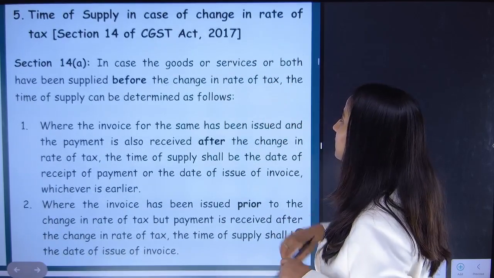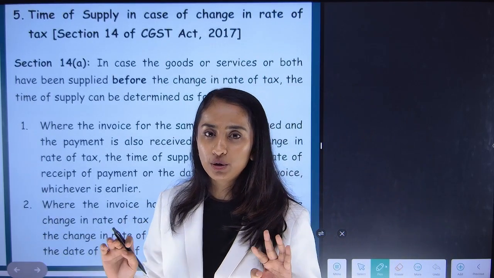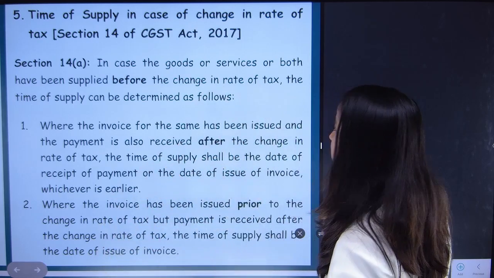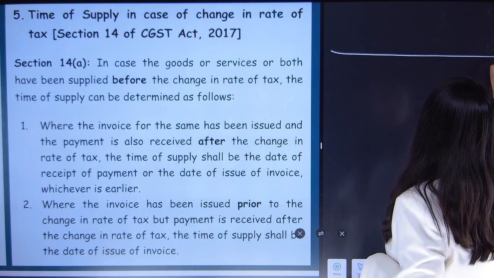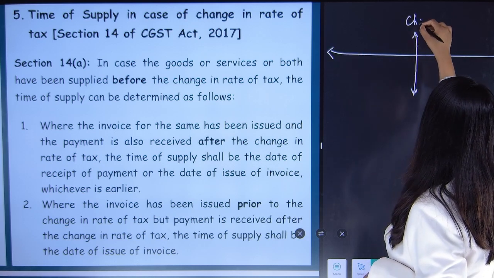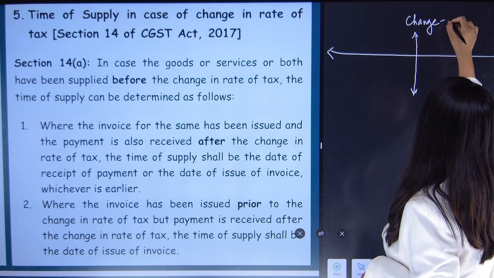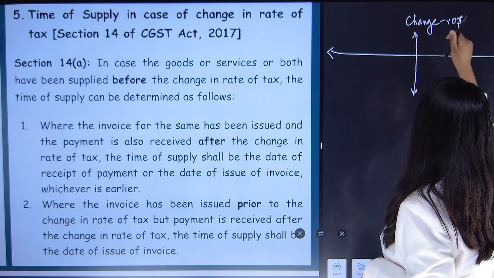Next, time of supply in case of change in rate of tax. Please be very careful about this. I am going to do this with the help of an example. This is my change in rate of tax.